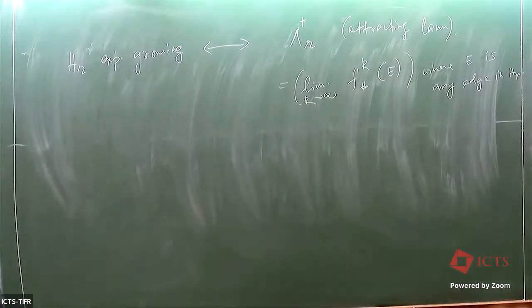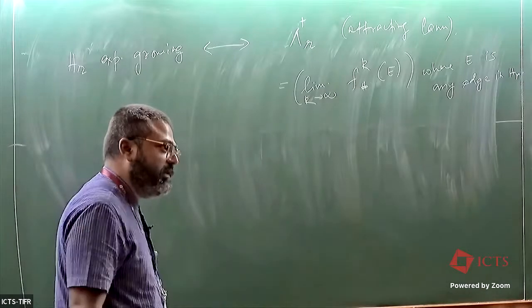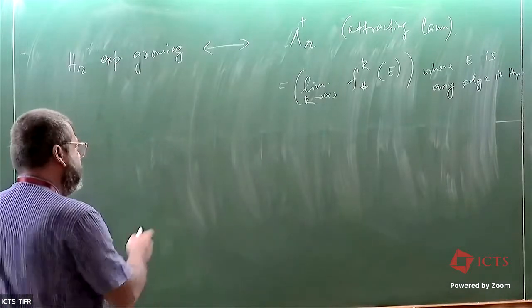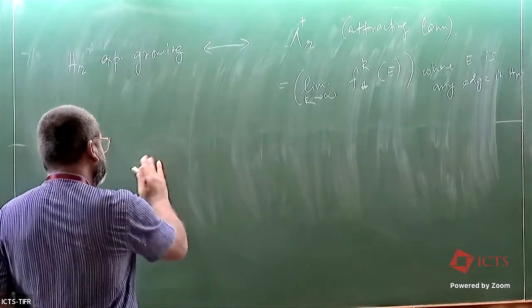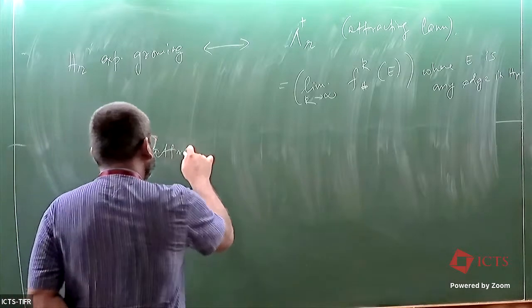Okay, so now for each attracting lamination, what you have is an attracting neighborhood.